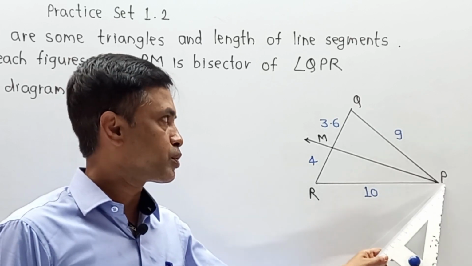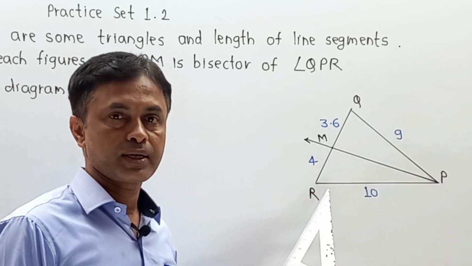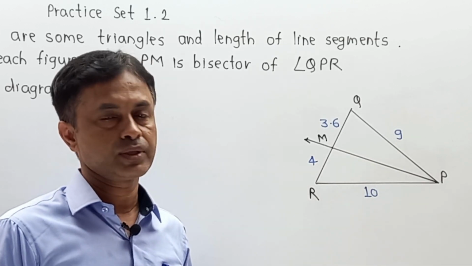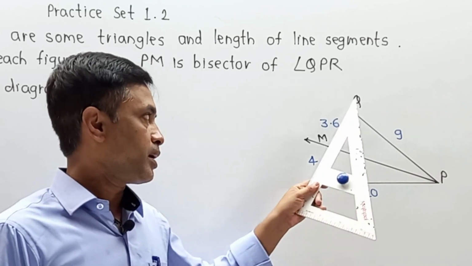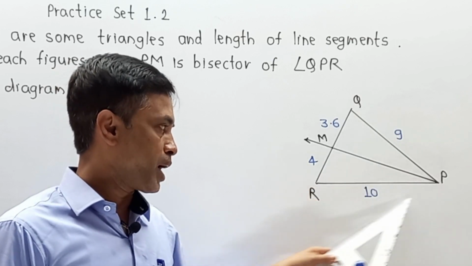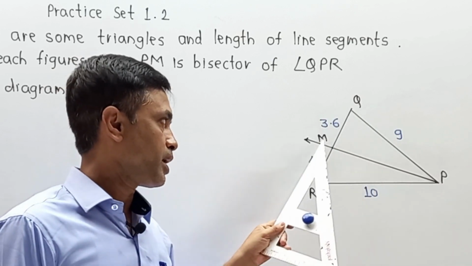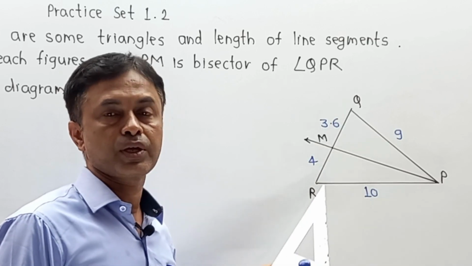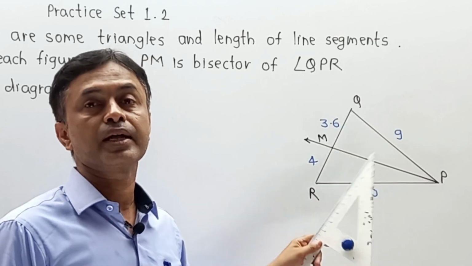First of all, I am going to take the ratio of PQ upon PR. Definitely it is very simple, 9 upon 10, because it is directly given, no need to simplify. Now we have to take QM and MR, that is 3.6 upon 4, and we have to go through simplification and compare the ratio.